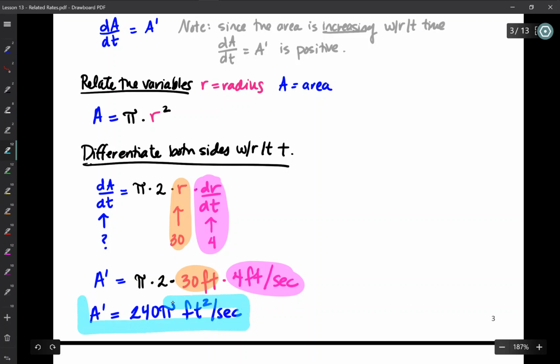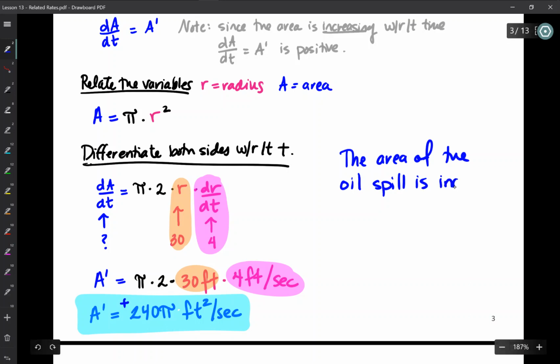I do think we should write it in a complete sentence. Let's do that. The area of the oil spill, this is a positive rate of change, the area of the oil spill is increasing at a rate of 240 pi square feet per second.